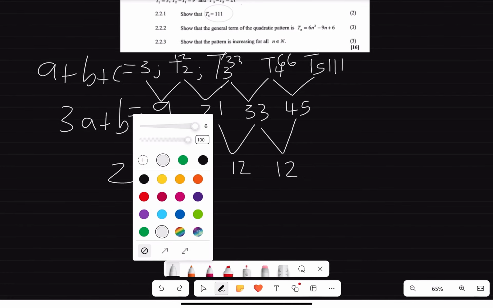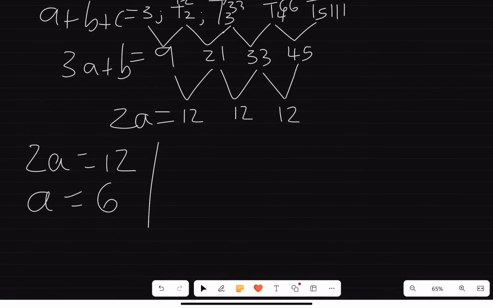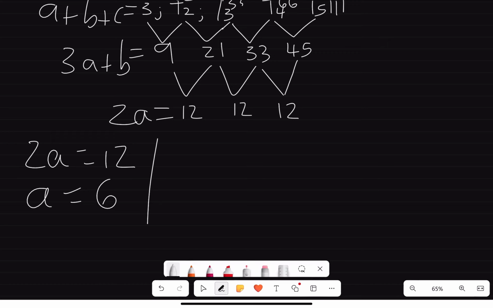So we can see that 2a equals 12. Then we divide both sides by 2. We can see that a equals 6. And then 3a plus b equals 9.